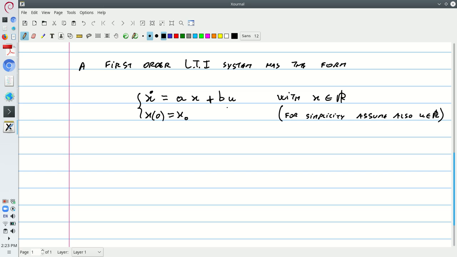Let's see what shape the solution of this differential equation takes under the assumption that we can actually solve the system.